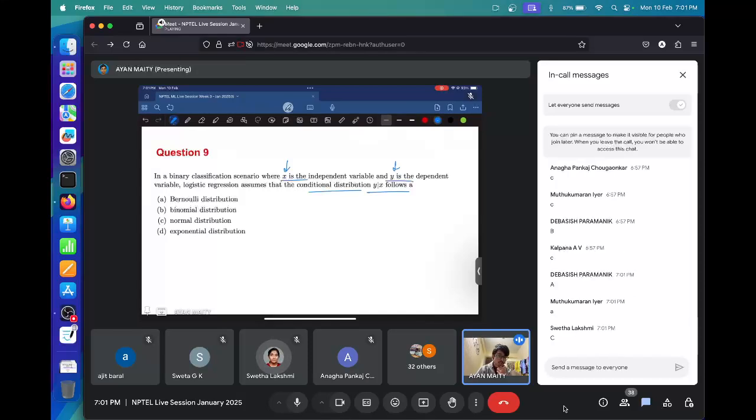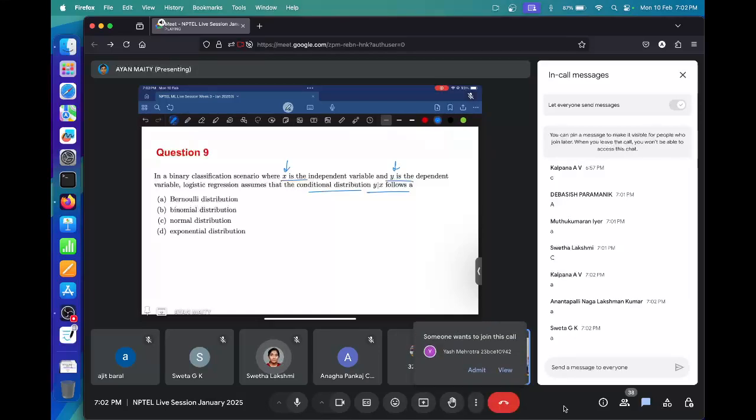Devasis Paramanik says option A, Muthukumaran says option A, Sweta Lakshmi says option C. Anantapalli says option A, Sweta says option A.